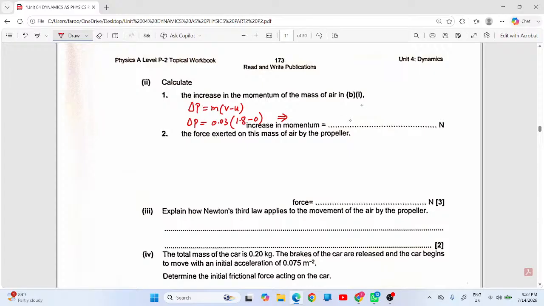That is 0.054. Next, the force exerted on this mass of air by the propeller.